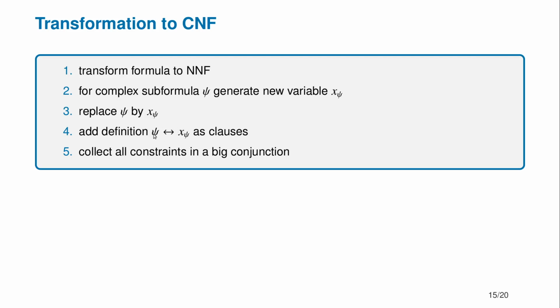Transforming this equivalence to a normal form is cheap, because here we do not have a complex formula, so it's cheap to translate this to a CNF formula. And then we collect all the constraints in a big conjunction.